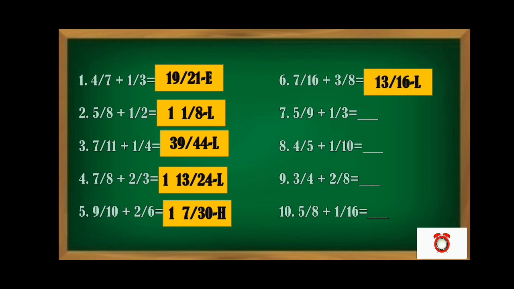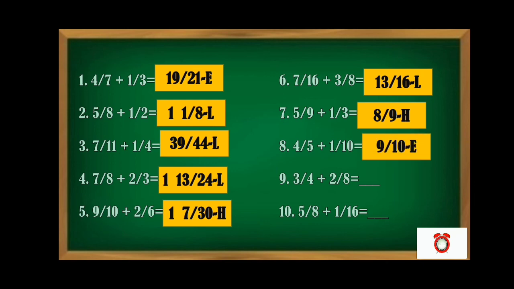The correct answer is 13/16, which is letter L. And for number 7, 5/9 plus 1/3 equals. Alright, the correct answer is 8/9, which is letter H. And for number 8, 4/5 plus 1/10 equals. The answer is 9/10, which is letter E.